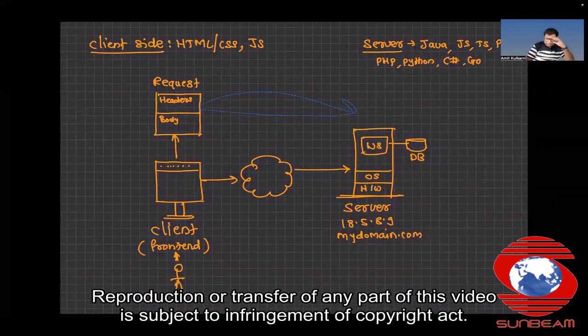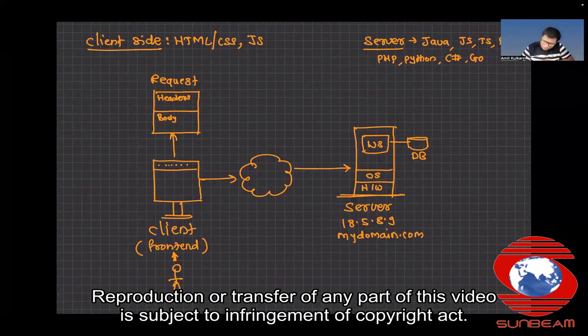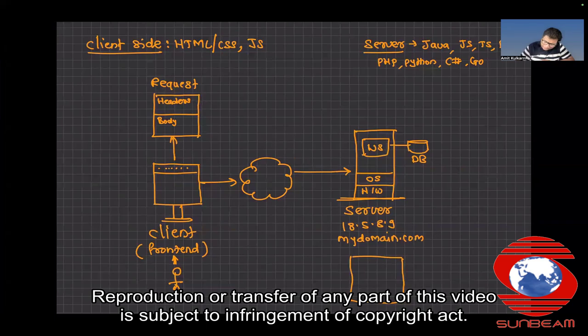So the server will get this and understand what exactly the request is sent for. If needed, the server will talk to the database and will create something called a response. This one here is a response. Response also has two parts like the request: the headers part, and the body.